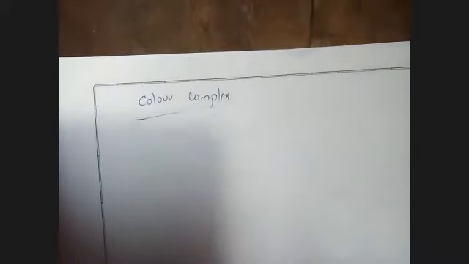The outermost electrons are responsible for giving the color. For a color complex to form, what are the criteria? What is the major criteria for the formation of color complexes? That we should understand, so I'll explain it.